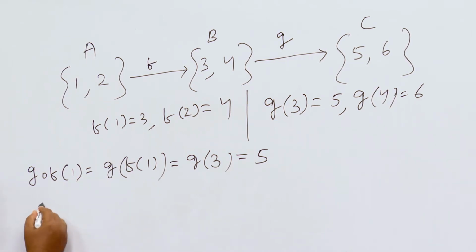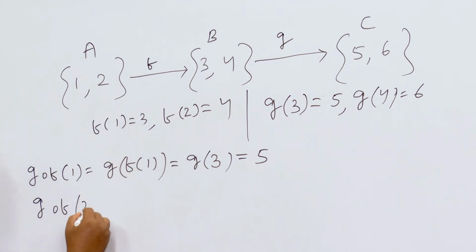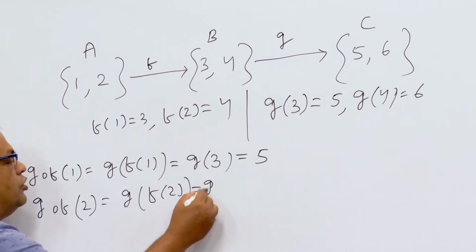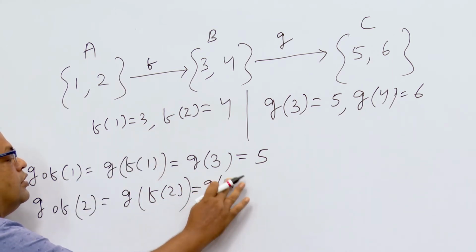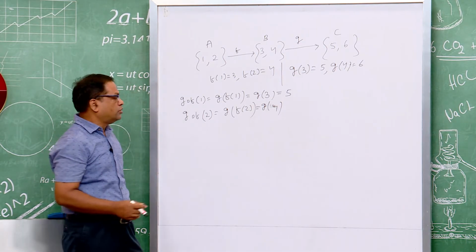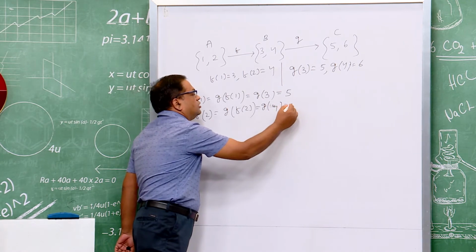Similarly, (g∘f)(2) is g of f(2). What is f(2)? f(2) is 4. So, g of 4. What is g of 4? g of 4 is 6.